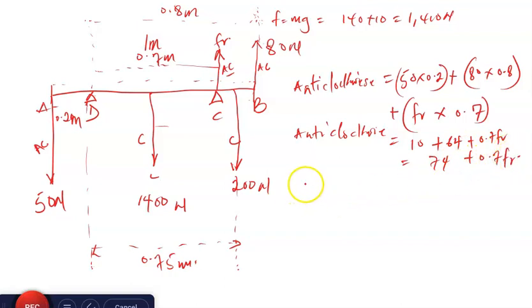Now let's calculate our clockwise moment. For my clockwise moment, I have two forces, this and this. That will be given as 1400 times its distance from D. I didn't calculate the distance of the 1400.